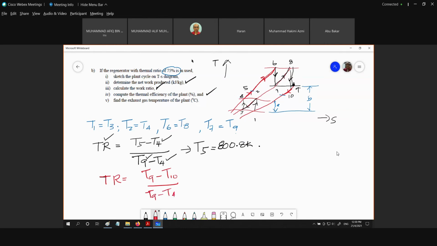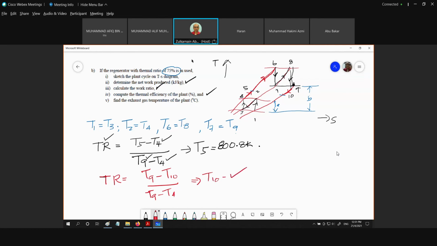Here we use the temperature increment from 4 to 5. Here we are using the temperature decrement of the exhaust gas from 9 to 10 divided by the maximum available temperature ratio. So from here you will get the T10.